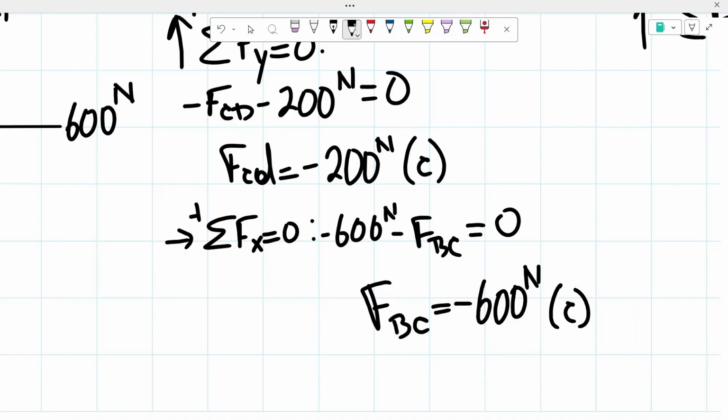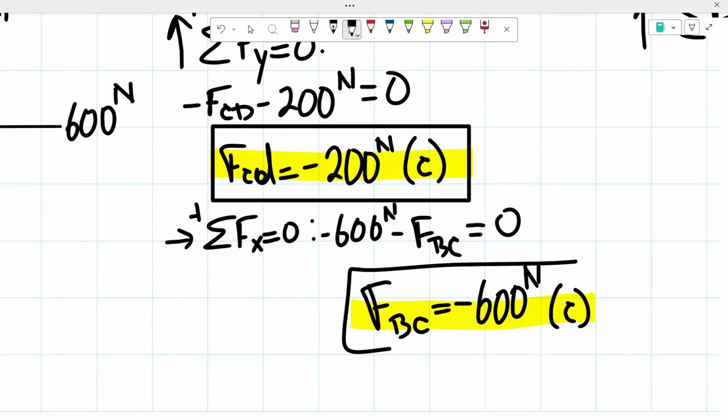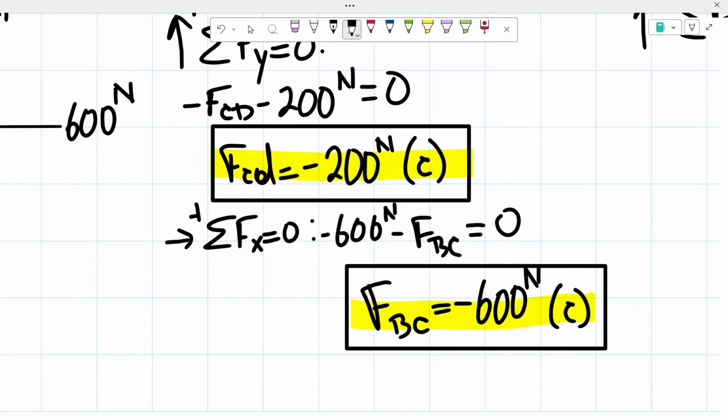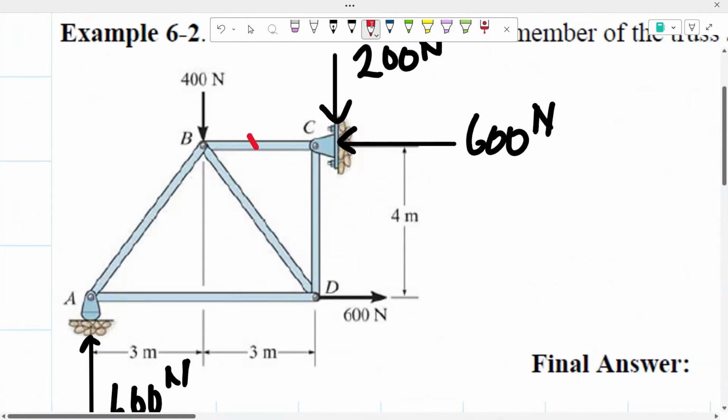That means that it's also going to be in compression. So I'm just going to quickly check that we already found the forces of these two bars.